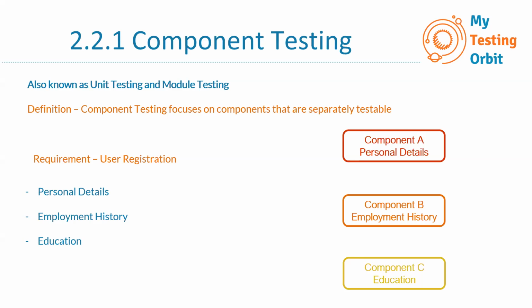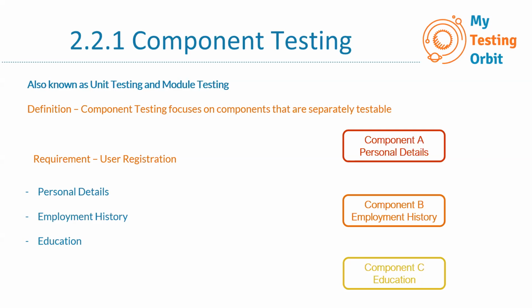Let's go through the definition of component testing. Component testing focuses on components that are separately testable. So let's take an example where we have a requirement of a user registration page. Let's say we are registering for a system and it has different stages, different sections.